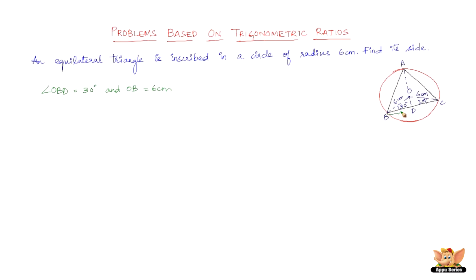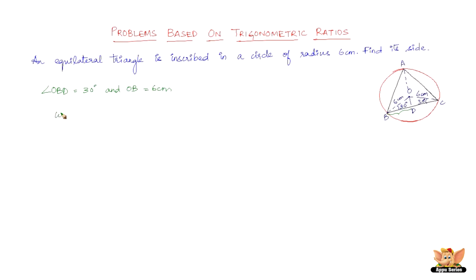If we find just BD, it's almost done because BD is exactly half the side of this triangle. So if you find BD, we just have to double it to get the side of the triangle. To find BD with 30 degrees, we need to use cos, because this is adjacent and this is hypotenuse, and cos gives you adjacent by hypotenuse.